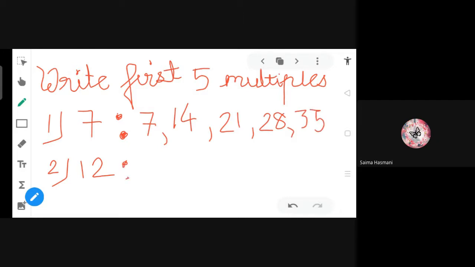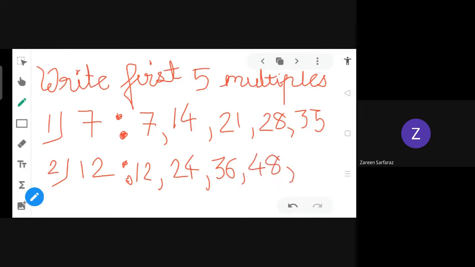Now these also you can say together. 12, 12 twos are 24, then 36, then 48, then 60. Very good.